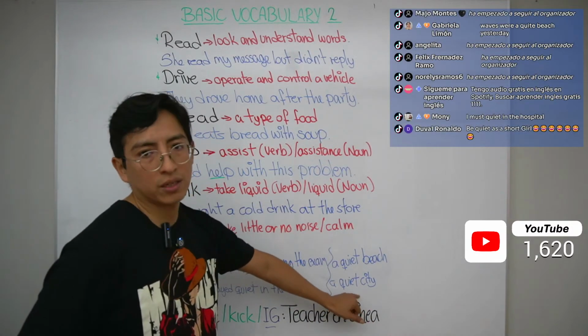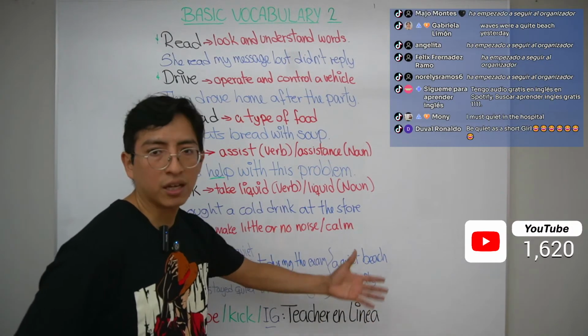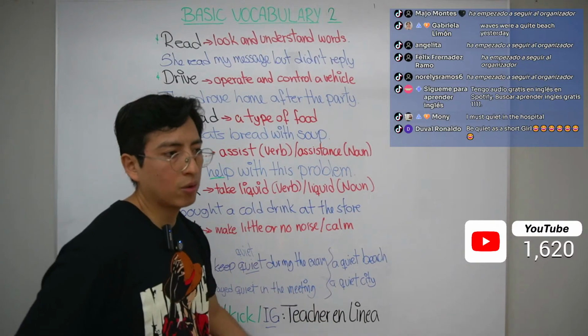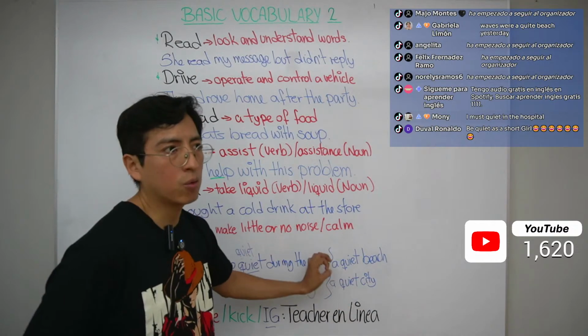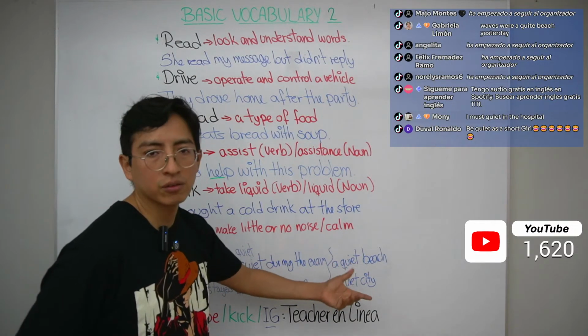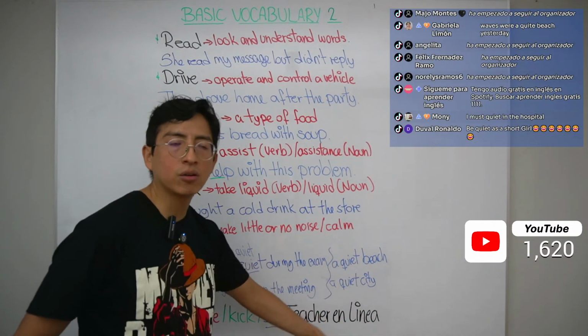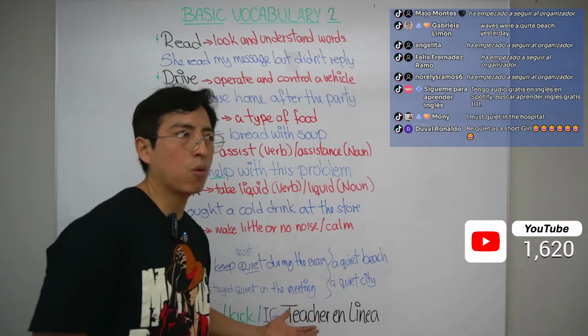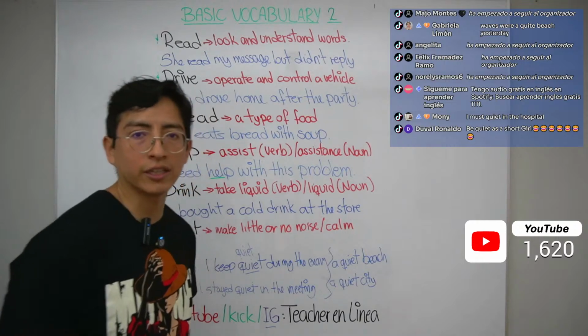A quiet city es una ciudad bastante tranquila, calmada, pacífica. Y yo puedo poner aquí a quiet child o a quiet kid. Es un niño bastante tranquilo, es un niño que no hace bulla, es bastante educado.